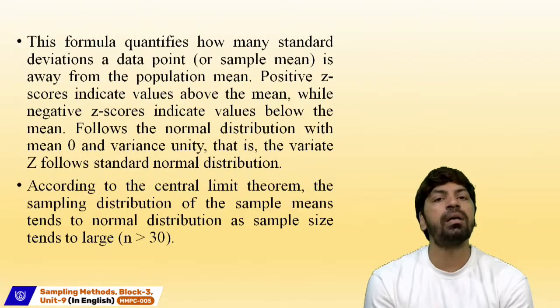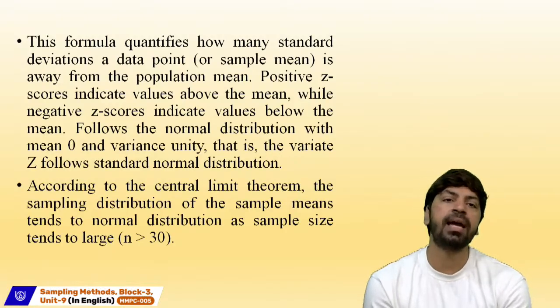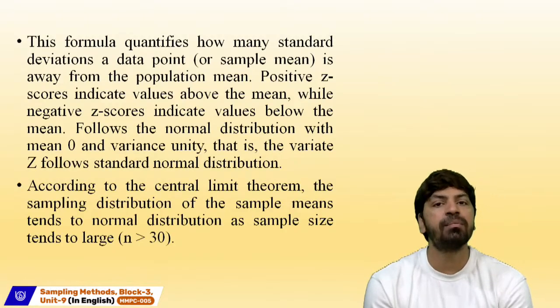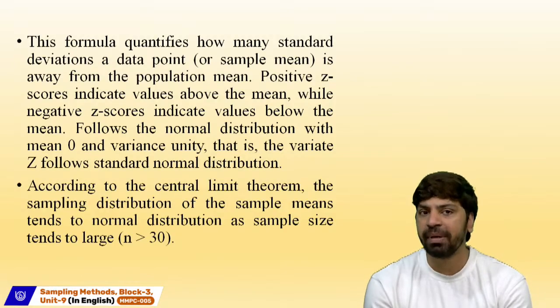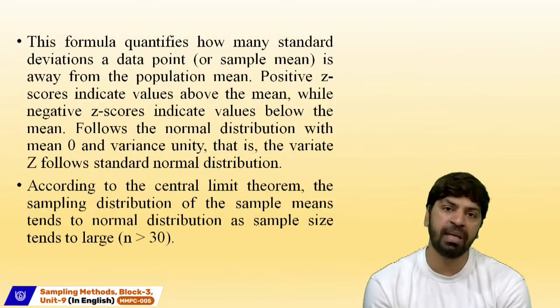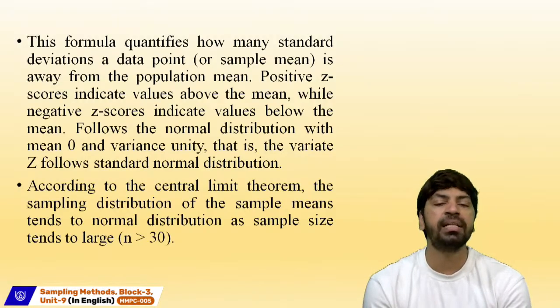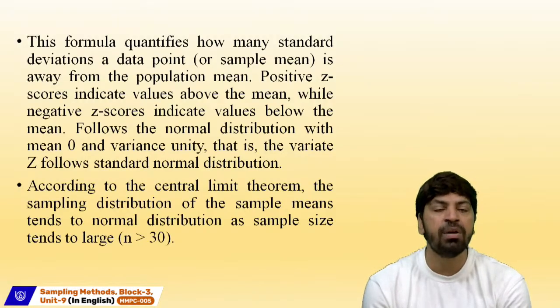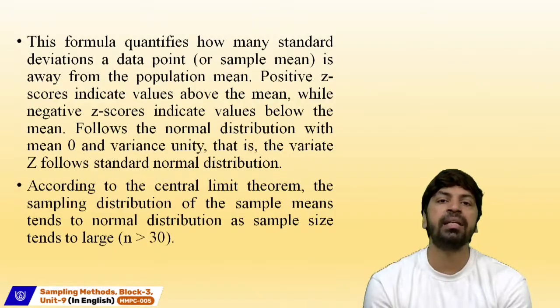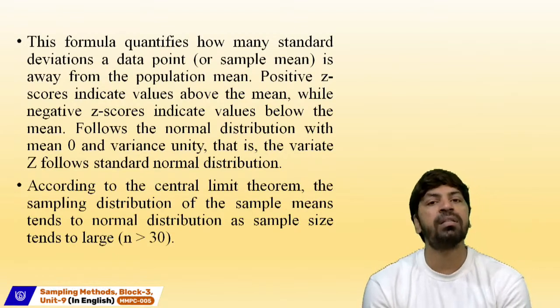This formula shows how many standard deviations a data point, or any sample mean, is away from the population mean. A positive z-score indicates values above the mean, while a negative z-score indicates values below the mean. It follows the normal distribution with mean 0 and variance 1.